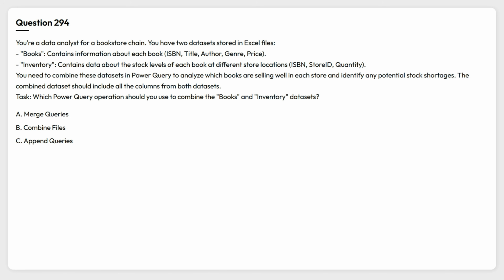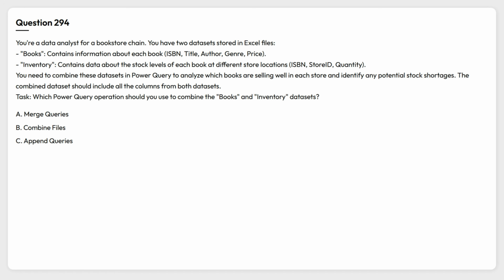You need to combine these datasets in Power Query to analyze which books are selling well in each store and identify any potential stock shortages. The combined dataset should include all the columns from both datasets. Task: which Power Query operation should you use to combine the books and inventory datasets?